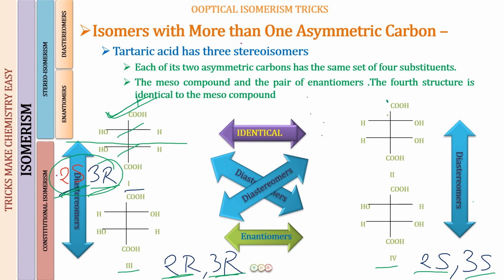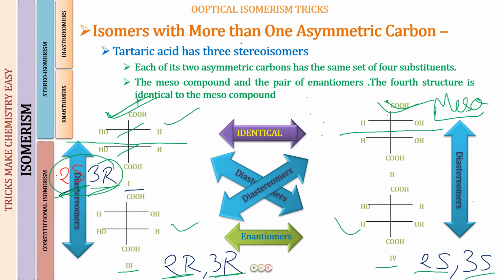The two halves, one above and one below the plane of symmetry, are identical mirror image halves. Similarly, you can draw that plane of symmetry in this one also, but these two are identical structures, and we call such structures which have a plane of symmetry, although they have chirality centers, a meso compound. So one of the compounds is a meso compound.